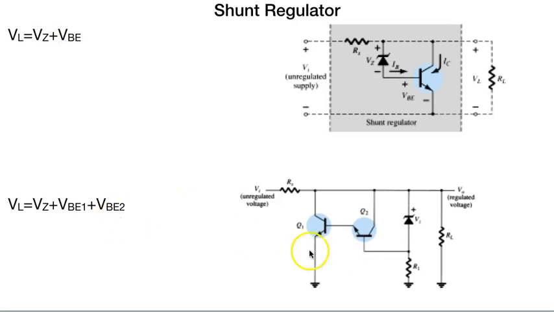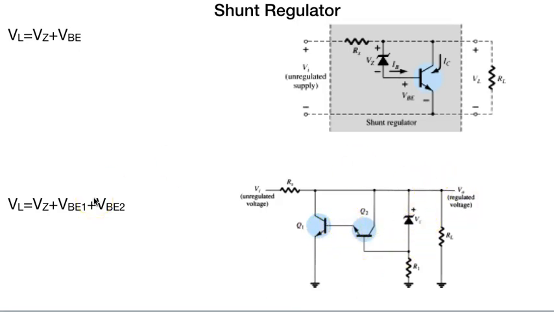And in shunt, you have the control element in parallel. Remember that control element. This is Vz, VBE, VBE1, VBE2, Vz, and VL.